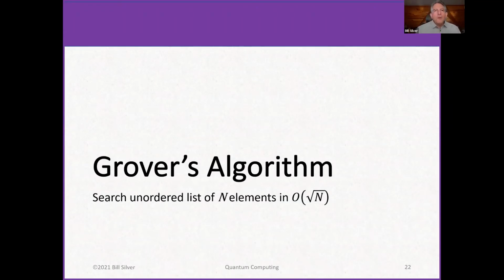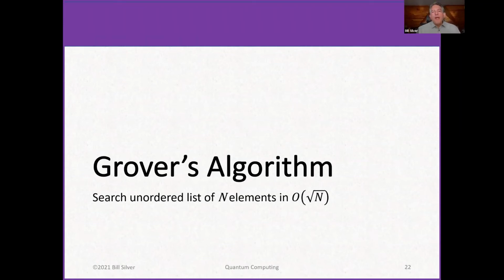And on a classical computer, you'd have to query the oracle about order n times. I mean, on average, n over 2 times. Worst case, n times. You have to ask it every time. Grover's algorithm, we're going to query the oracle in order square root of n times. All right.